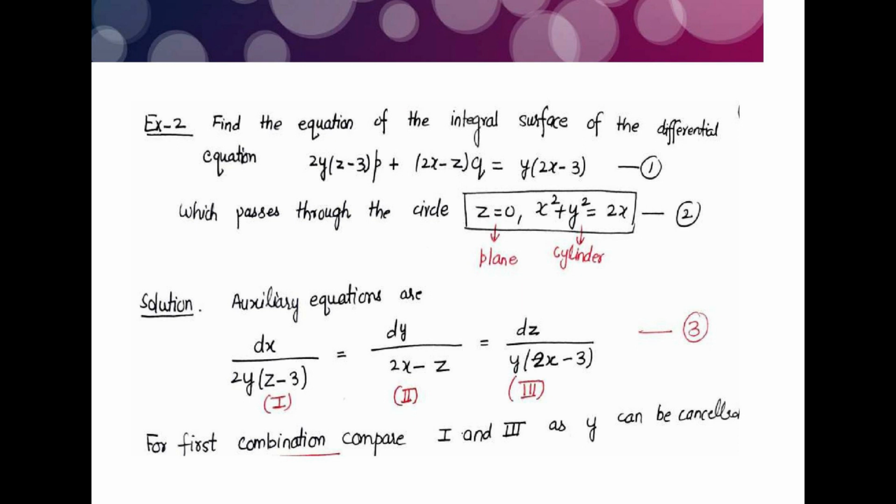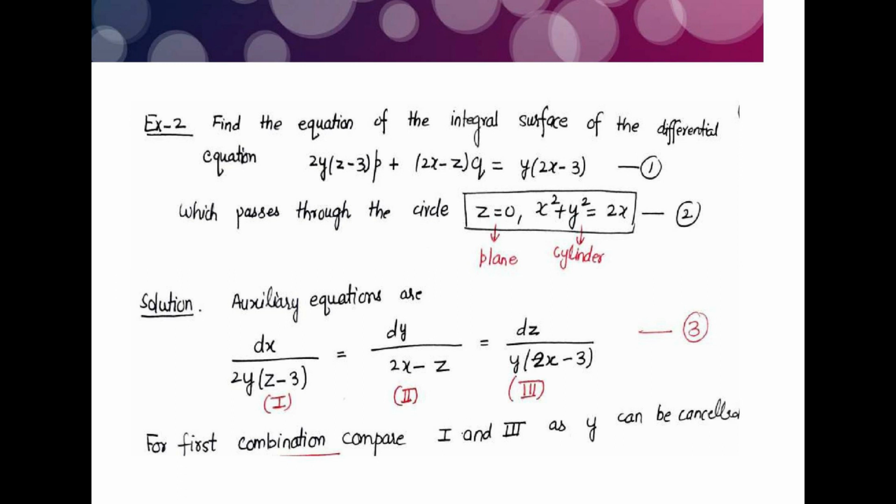Consider example number 2, the partial differential equation given by 1. We have to find its particular solution which passes through this circle given by 2: z equal to 0, which is a plane, and x square plus y square equal to 2x, which is a cylinder. The intersection of this cylinder and the plane z equal to 0 is a circle.